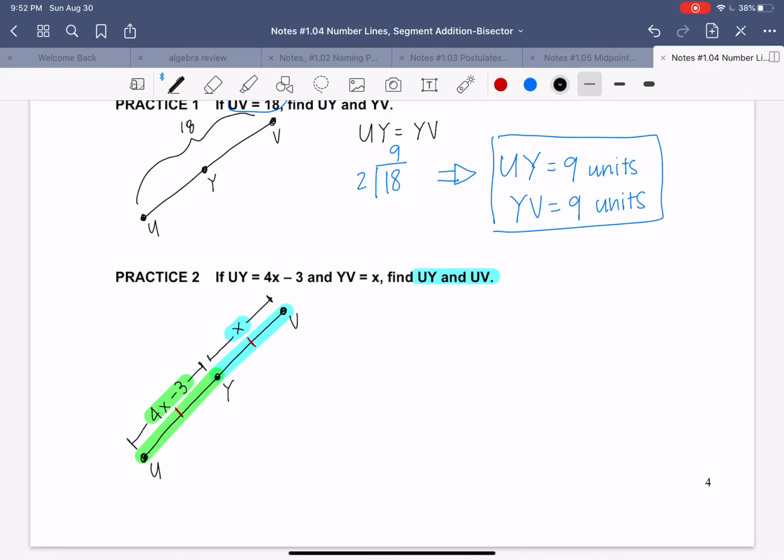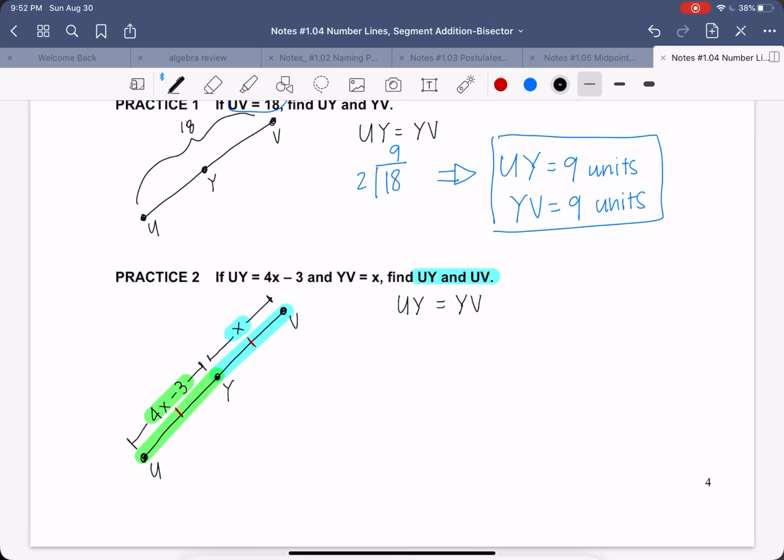So what that means is UY is equal to YV. So how am I going to be able to solve for x? I need to know x to actually know the distance. If you see an x, you're probably going to have to solve for it at some point. So I'm going to plug in the values it gives me for each of those distances.